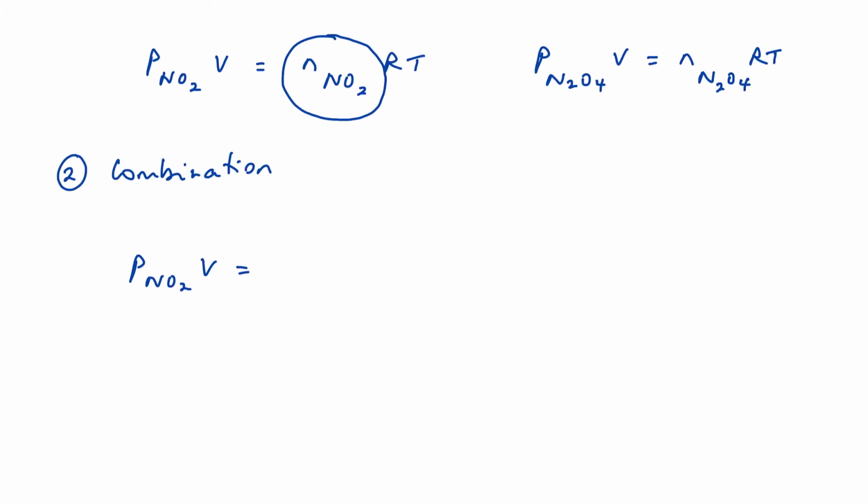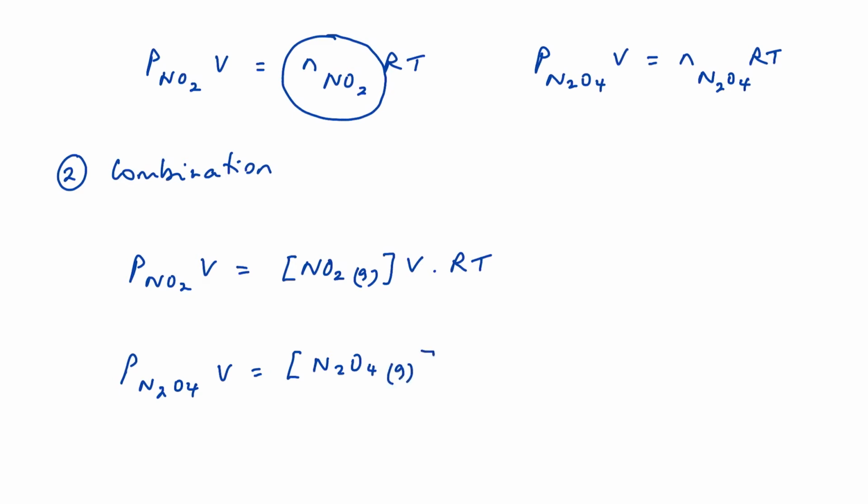So this is where we are going to put in the concentration of NO2 times the volume times RT, and the pressure of N2O4 multiplied by the volume is going to equal the concentration of N2O4 times the volume times RT. And we can see straight away that the volume on either side of the equation is going to cancel out.